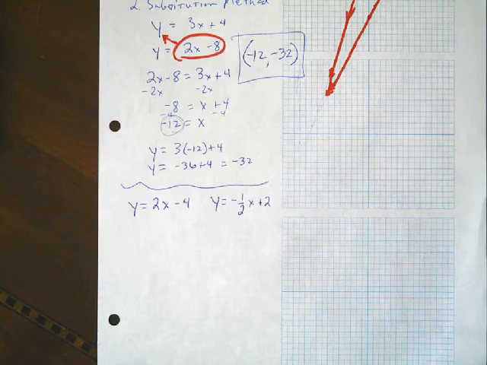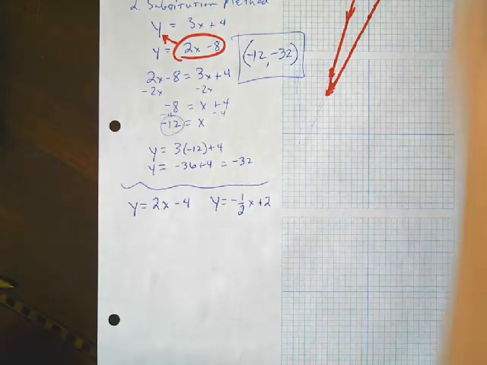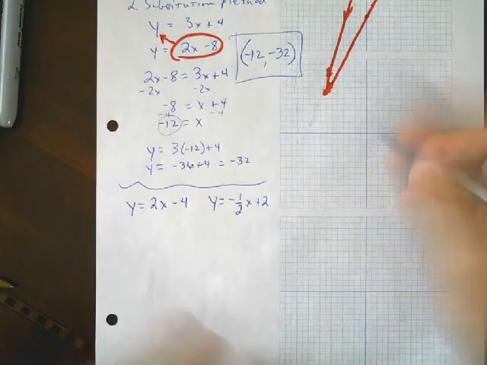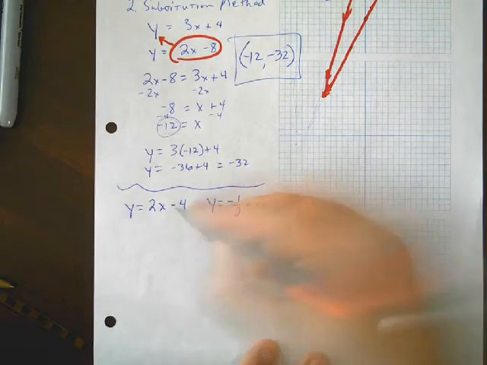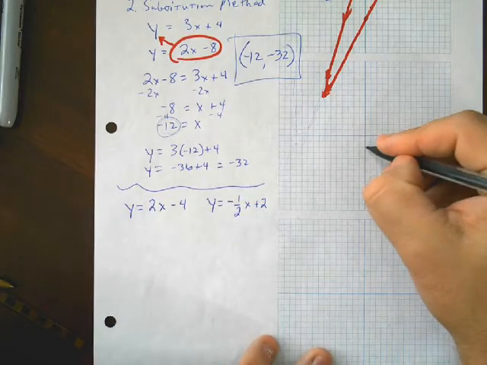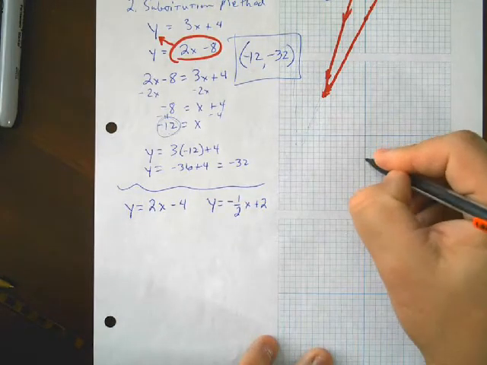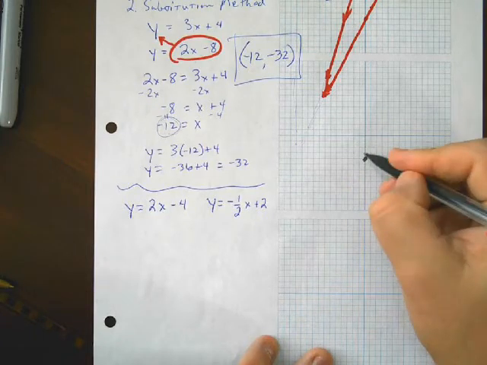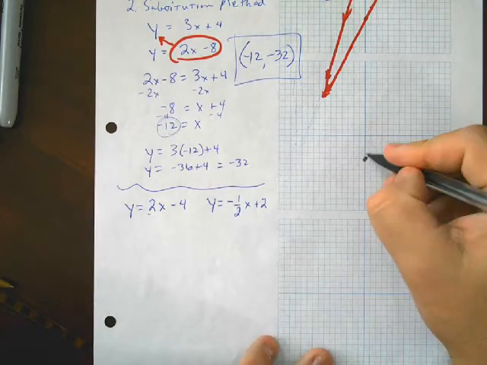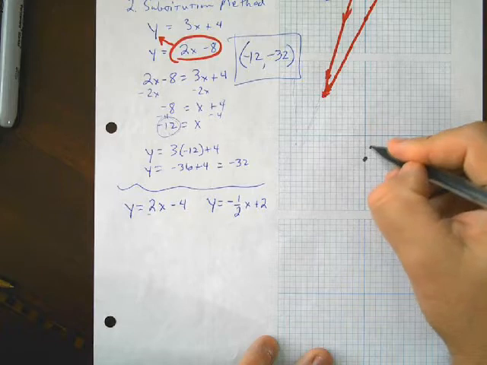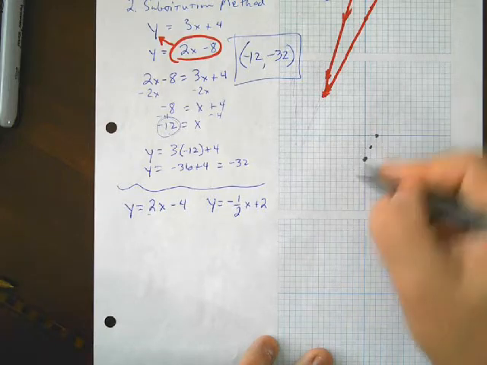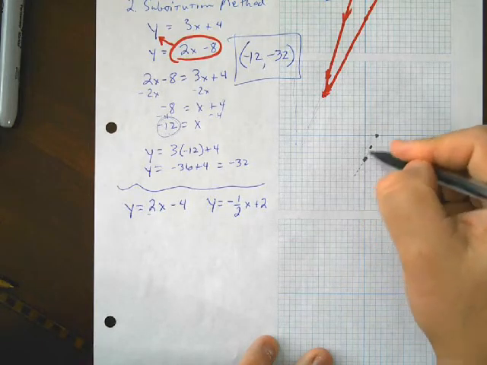Now, again, if we're going to do this graphically, what would that look like over here? Well, that one's not a difficult one. So 1, 2, 3, 4. There's the y-intercept, and we go slope of positive 2, up 2 over 1. And so there's that line.